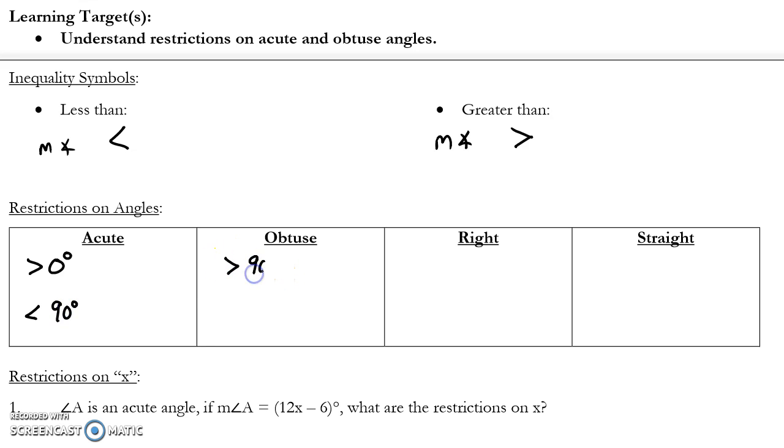Obtuse is greater than 90 degrees, but less than 180 degrees. These do not have the or equal to lines underneath, because a right angle is exactly equal to 90 degrees, and a straight angle is exactly equal to 180 degrees. Inequality symbols for acute and obtuse, equal signs for right and straight.